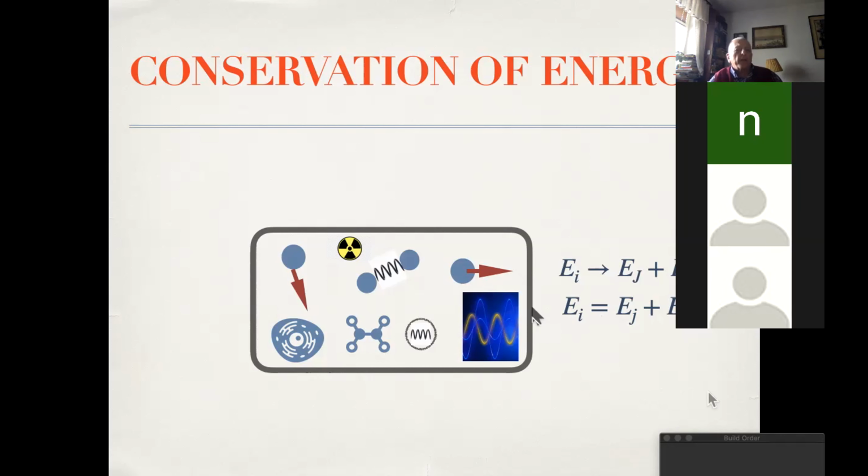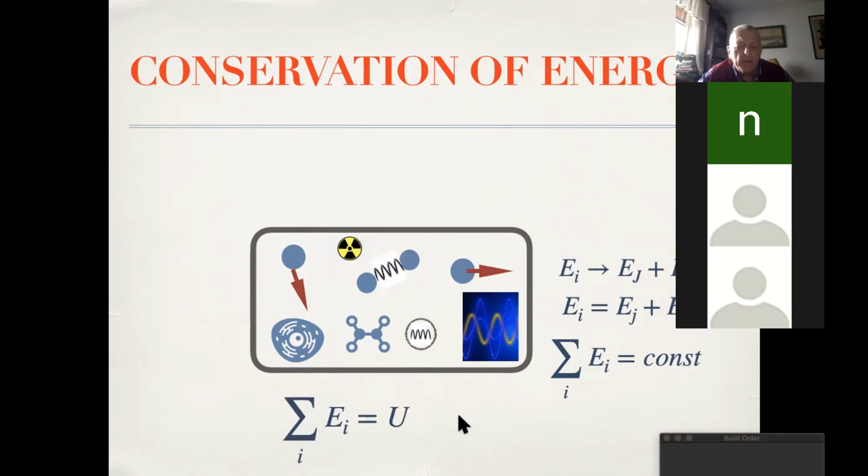And therefore, if I had that split into two pieces of energy, I have the combination of it. So the sum of all the energies within my body must be constant. The sum of that energy is called internal energy, and the internal energy of the body is usually denoted by a capital letter U.